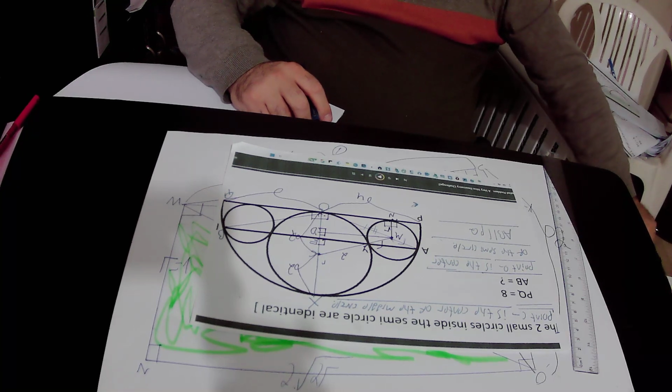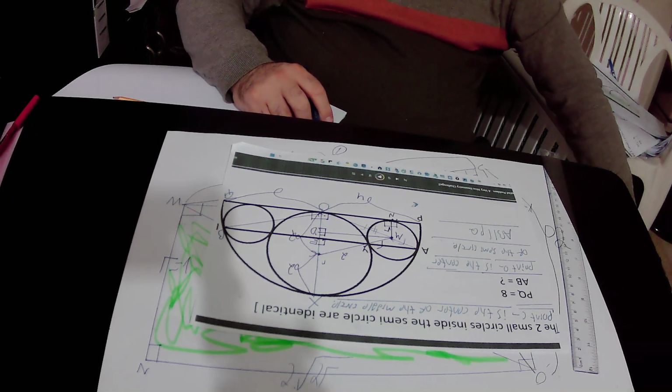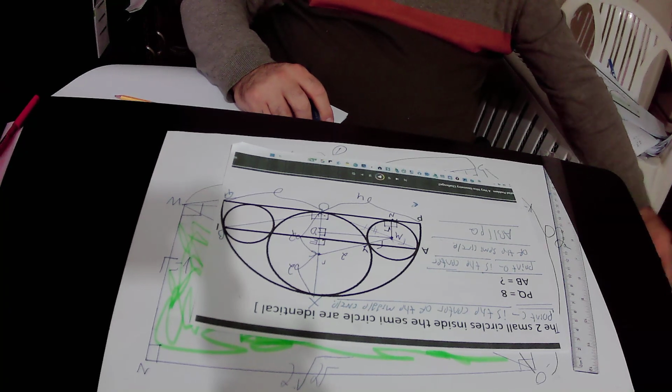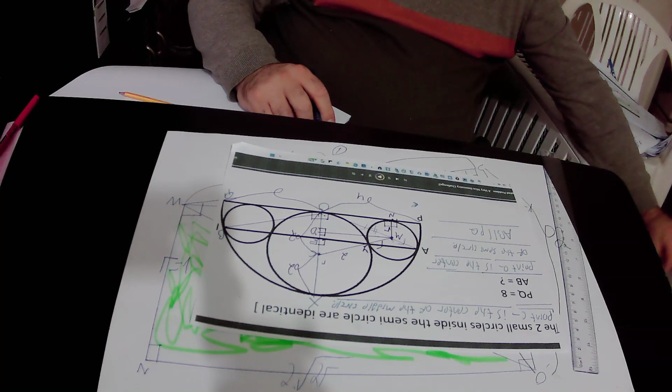And we actually have a new rule, rule number 4.